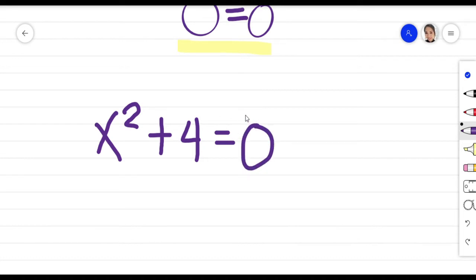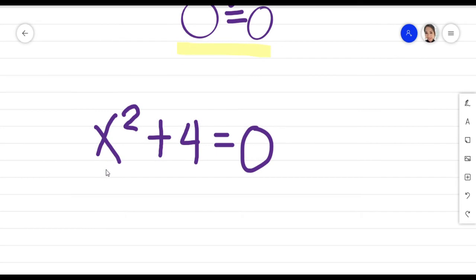Now, can you think of any value for x here in which you raise it to a power of 2 and then you add 4, and the result will be 0? Can you think? Is there any value for x here?